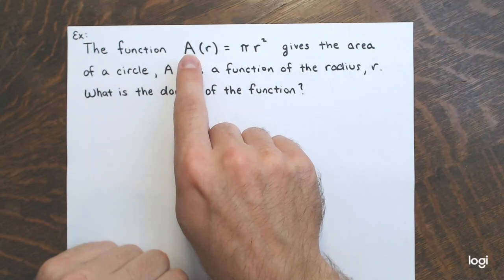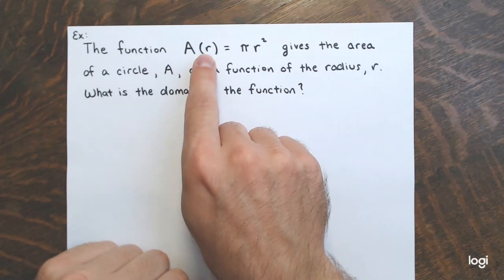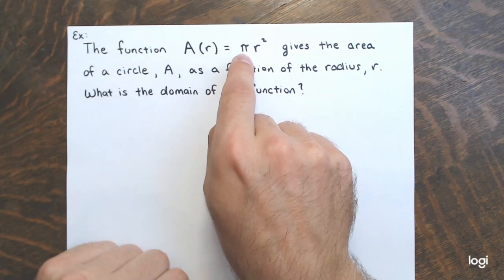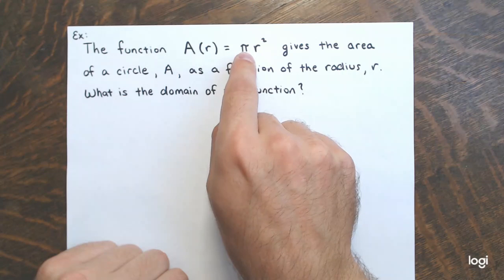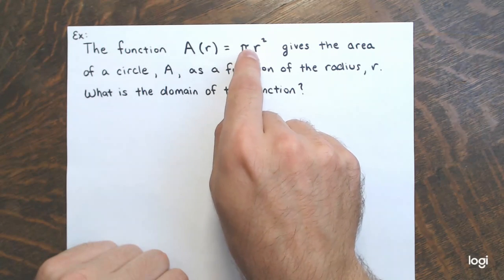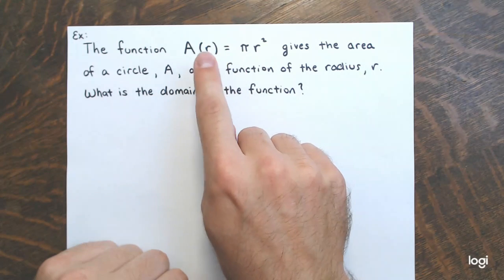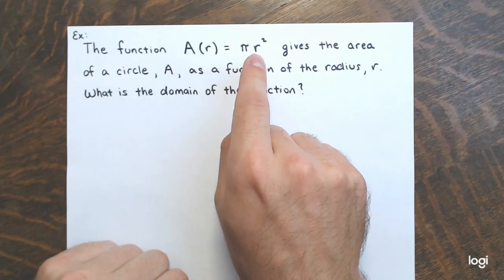So I have the function capital A at r is equal to pi. Remember, pi is approximately 3.14159, and so on, one of those irrational numbers. So this is the number pi times r squared. So here's an equation: A of r equals pi r squared.